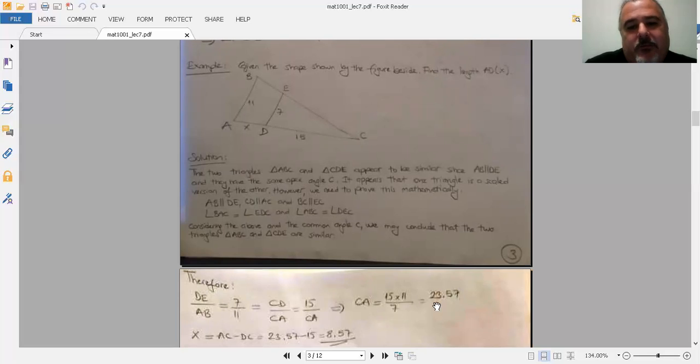So we can find CA as 23.58. But the question is asking me to find AD. So how can I find it? I just have to subtract 15 from 23.58. And the result is 8.57.